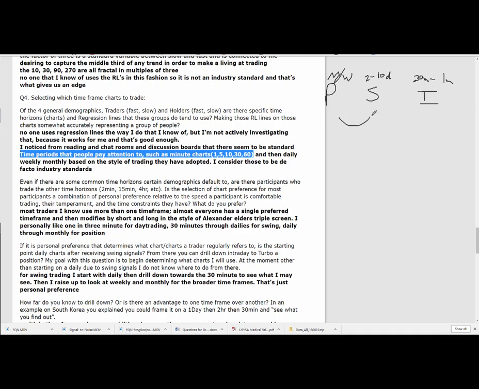And then core and turbo lives on the boundaries between those. So when position is the core, then the swing is the turbo. And when swing is the core, intraday or daily is the turbo.